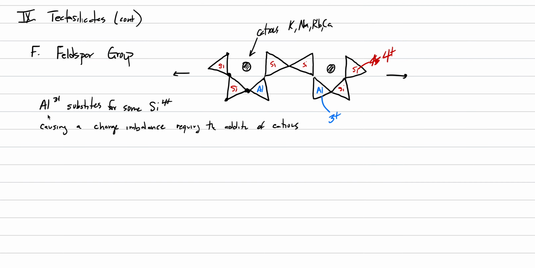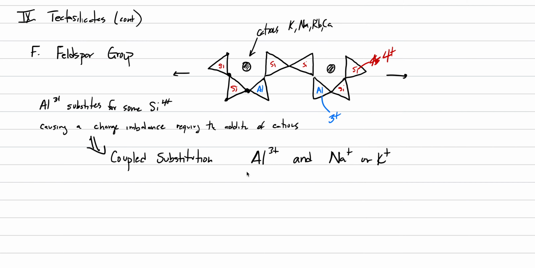So what ends up happening, this is an interesting term. The term for this process is called coupled substitution. The reason why it is coupled is that 2 things are happening. We are adding aluminum 3 plus, and as we add aluminum 3 plus to make charge balance, we must add, therefore, something like a sodium 1 plus or a potassium 1 plus.